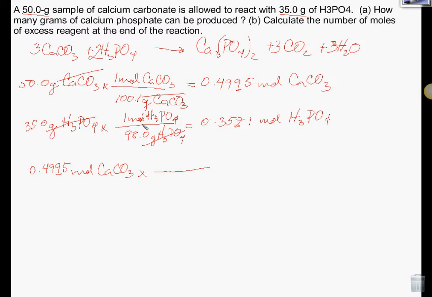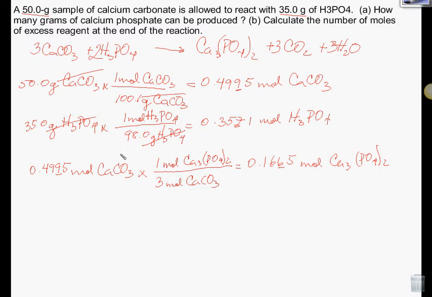We say that 3 moles of calcium carbonate are equivalent to 1 mole of calcium phosphate. So we divide 0.4995 by 3, and we get 0.1665 mole of calcium phosphate.